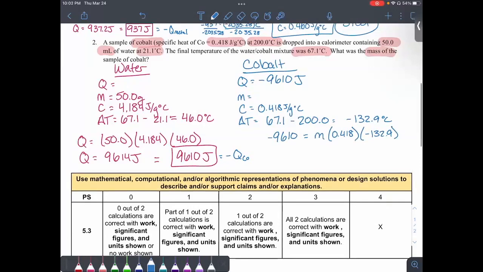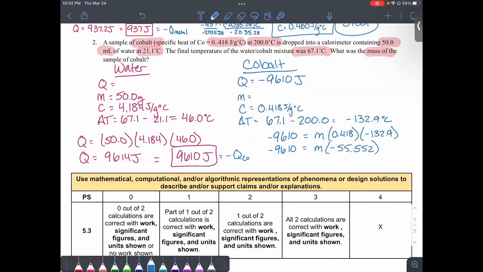All right, we can combine our terms on the right side. So negative 9,610 is equal to our mass times negative 55.552. And that's going to be joules per gram.